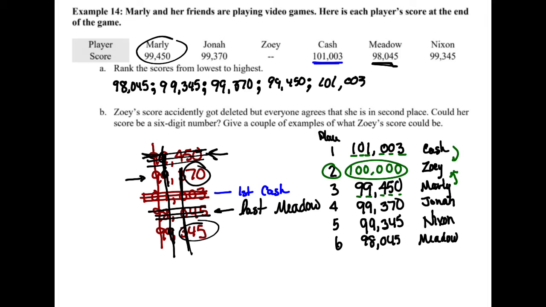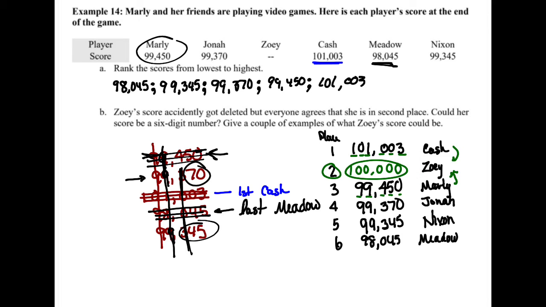What's another example? What if hers was just 1 point less than Cash? If he got 101,003, what if Zoe got 101,002? That's possible, isn't it?